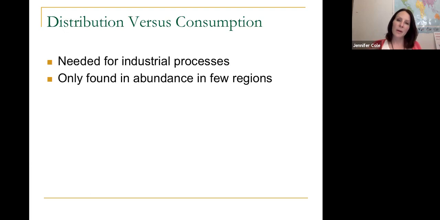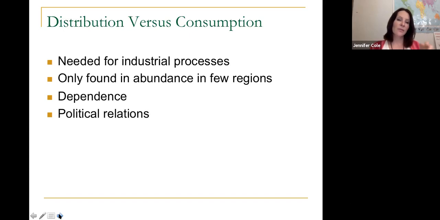And they're only found in abundance in different places: Antarctica, for example, South Africa, South America, the Democratic Republic of Congo. They're not universally and uniformly scattered throughout Earth. So this makes us dependent on other countries. It requires political relations that are positive or warring, if you will, and robbing people of their resources.